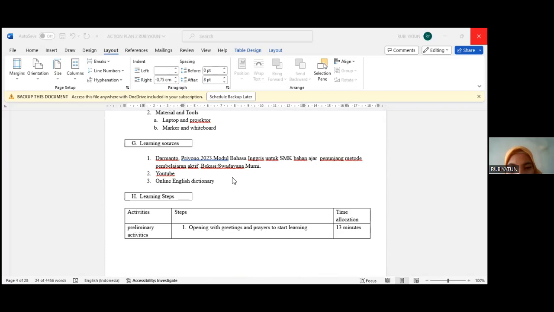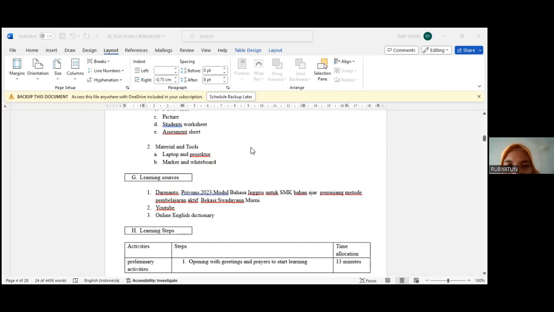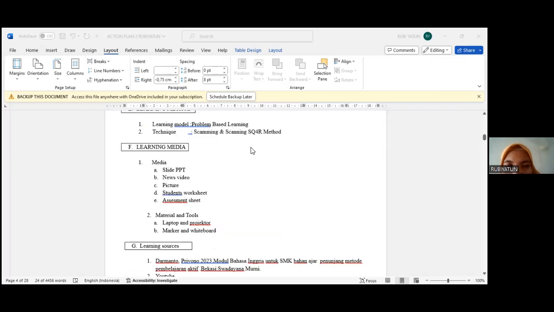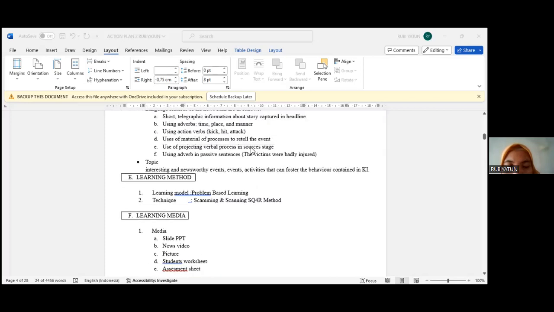Okay, so with that activity, can your students easily find the title and the main idea of the news text that you give to them? Okay, that's all, my opinion and my question to Miss Rubiatun.